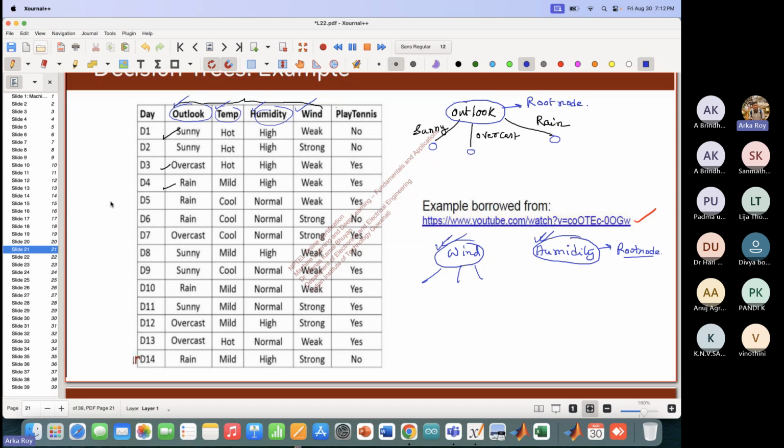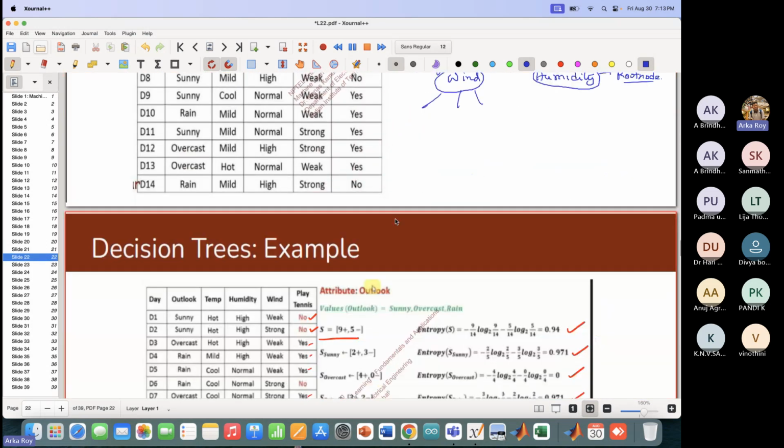We choose this based on a quality measure, and that is the information gain. The very naive rule is that for whichever variable the information gain is high, that you will put in the node.